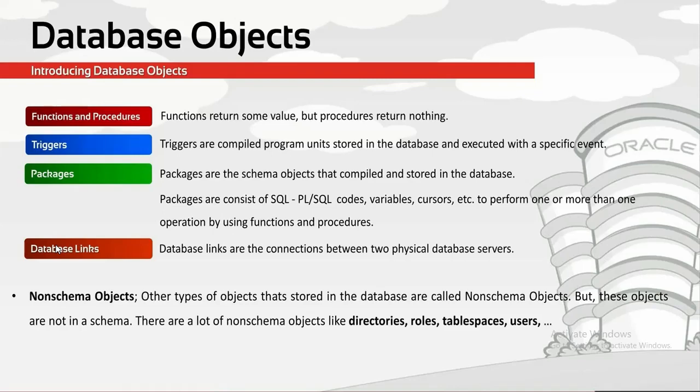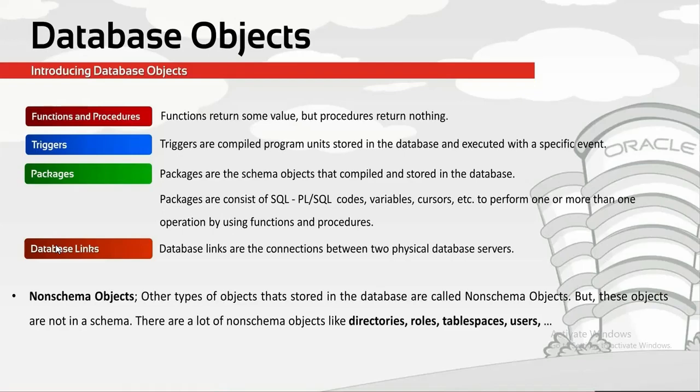Packages. What are packages here? Packages are schema objects that are compiled and stored in the database. Packages consist of SQL, PL/SQL code, variables, cursors, etc., to perform one or more operations by using functions and procedures.